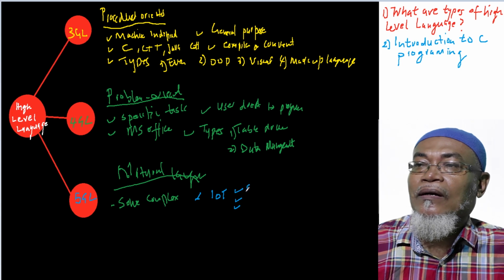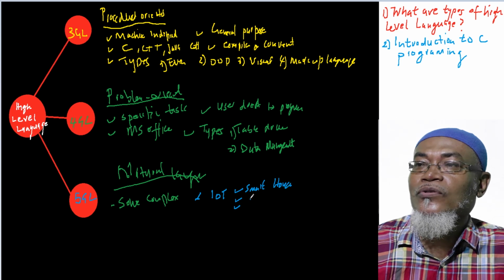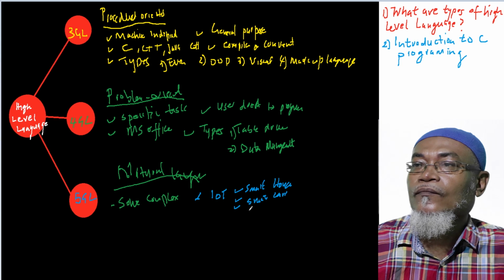The most visible applications of the Internet of Things that we have today are smart houses, smart cars, and smart cities.